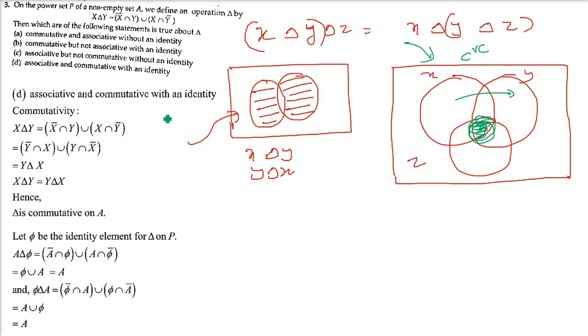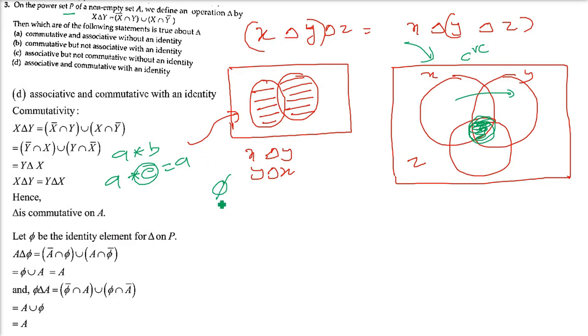So coming now to identity. Identity exists. Why? Because every power set has phi always inside it. Phi is null. It is not empty, because a set with phi will always have something which is null. So A star E, if at all we get A back, then we say that E is our identity element, and that is what we have to find out.